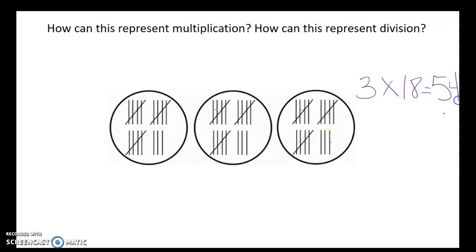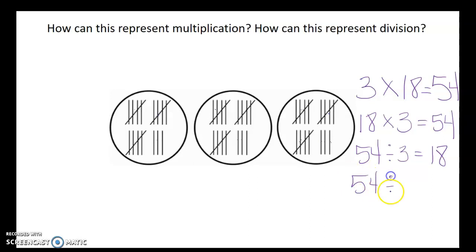So there's 54 in each. Or I could say 18 3 times still equals 54. 54 divided into 3 groups gives you 18 in each group. Or 54 divided into groups of 18 equals 3 groups.